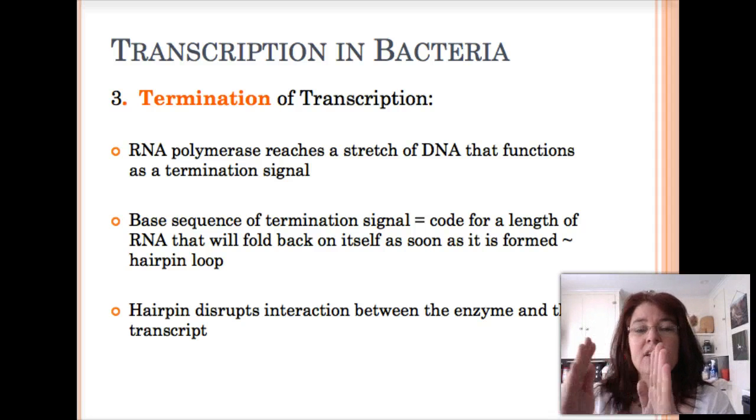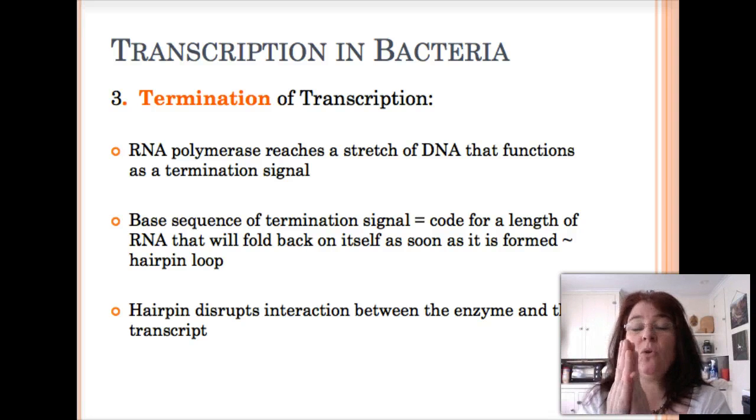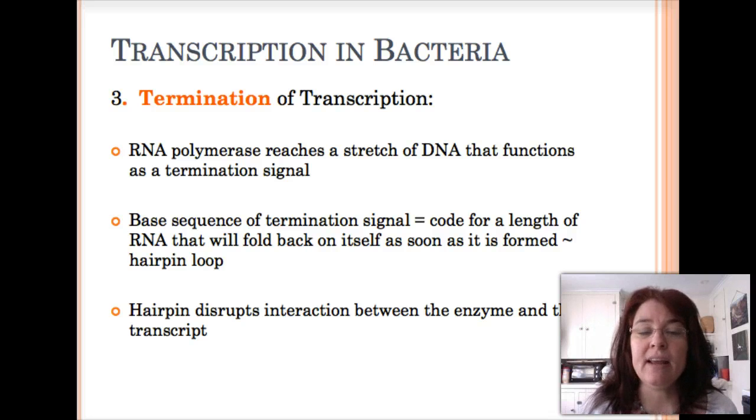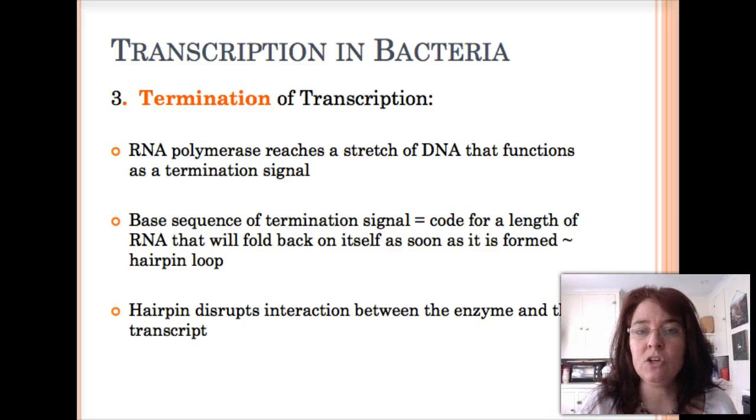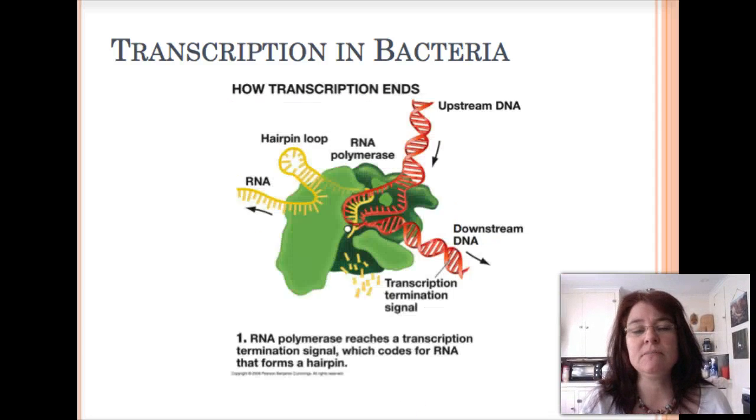The RNA that comes off of that termination signal is going to fold up on itself and create a hairpin loop. That hairpin loop is not going to fit nicely in the channel where the rest of the RNA is. It's going to disrupt the core, and it's going to stop this process of transcription. And that's what you're seeing in this image.